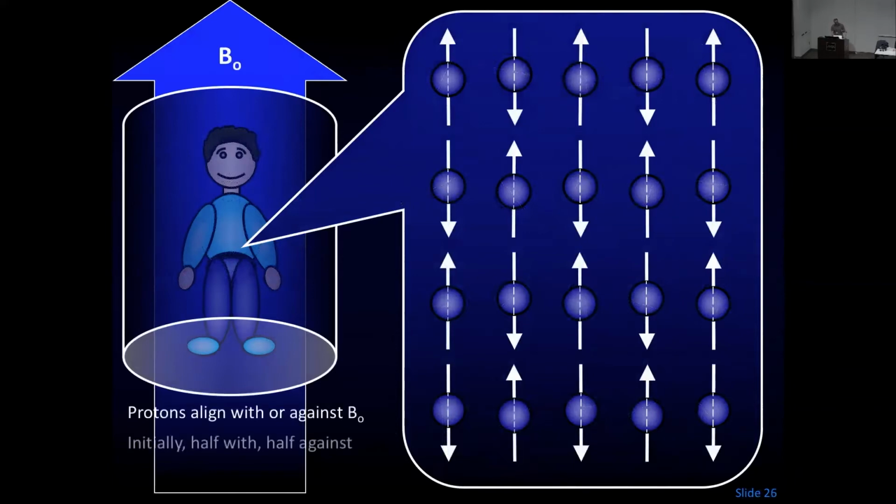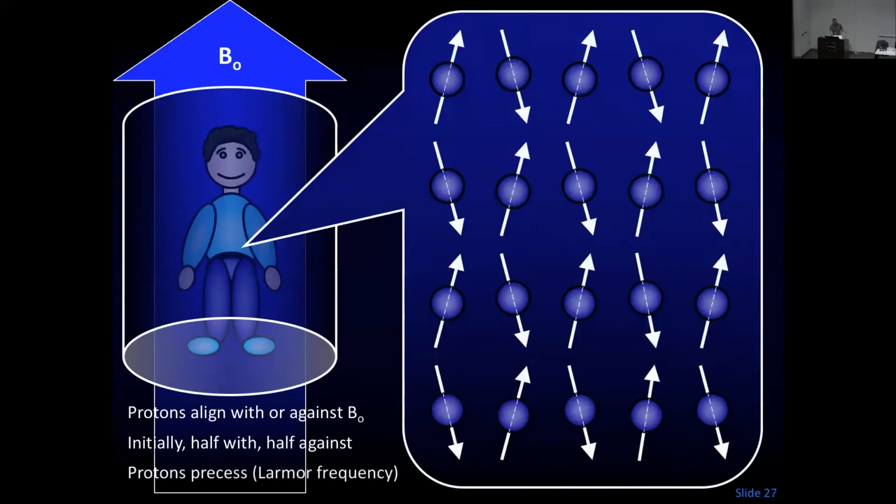Now, initially, exactly half align with and exactly half line up against the magnetic field. And so, at least initially, the patient has no internal magnetism because either the protons are pointing up or they're pointing down.